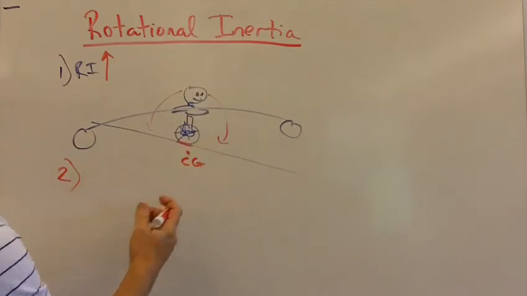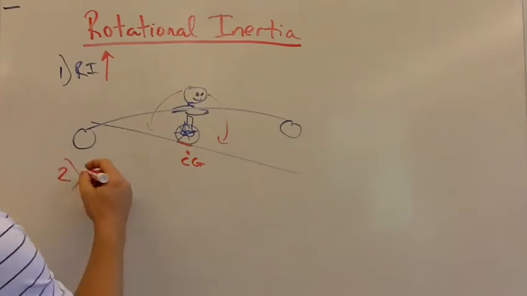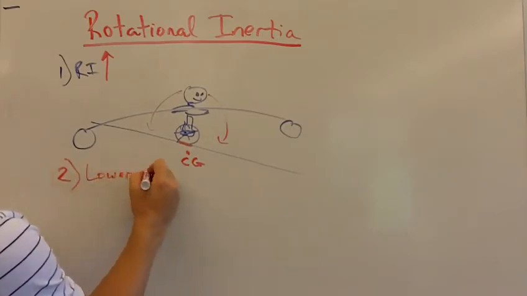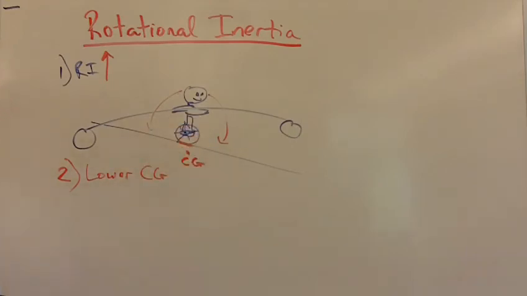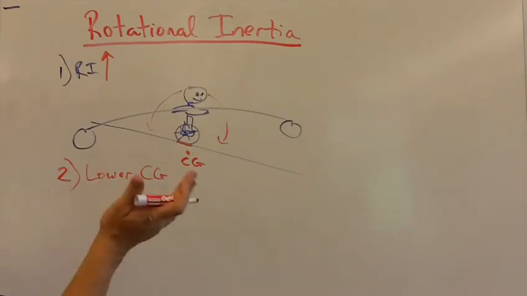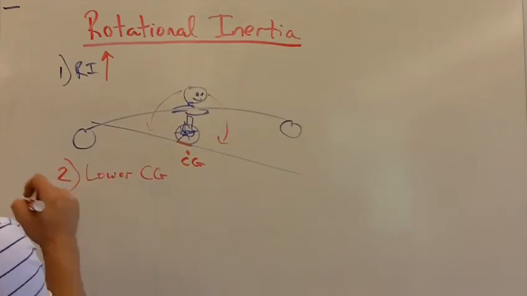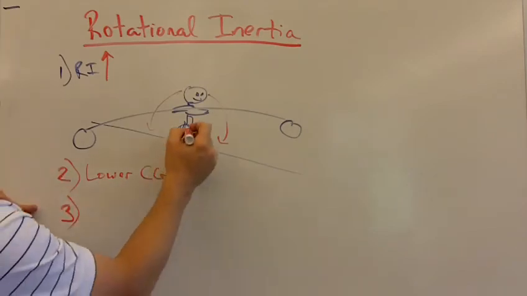So by lowering the center of gravity, you become more stable, and that is important. Lower CG is more stable. If the CG is actually below the wire, then he's in stable equilibrium, and it will take work to make him rotate.